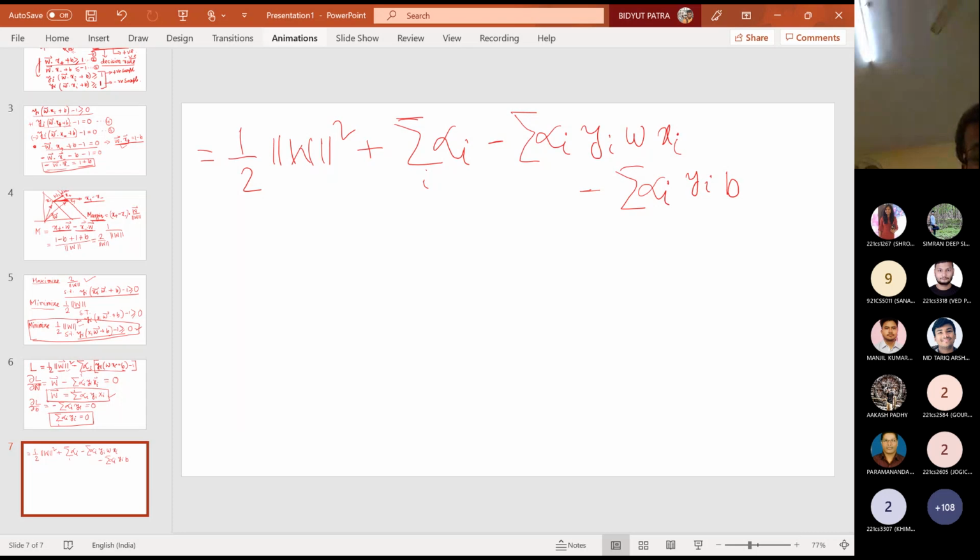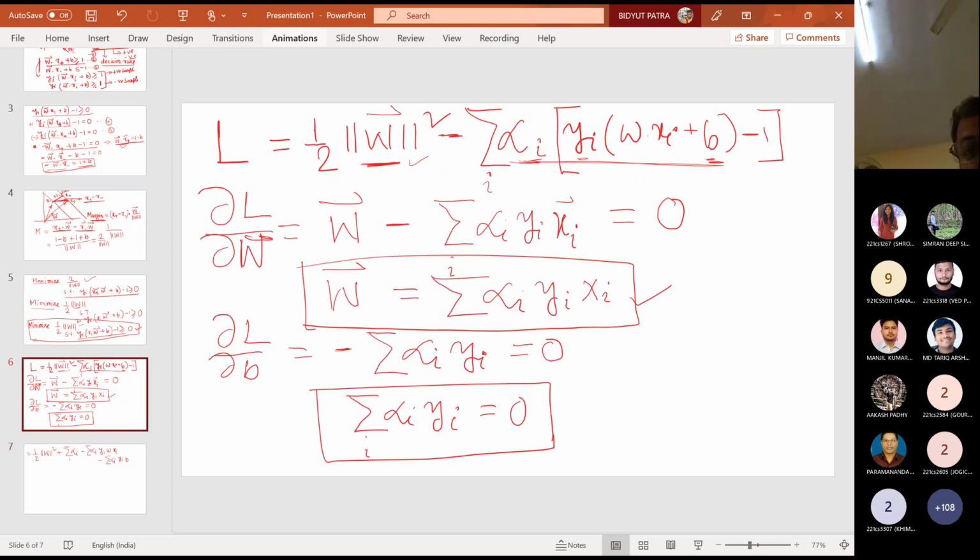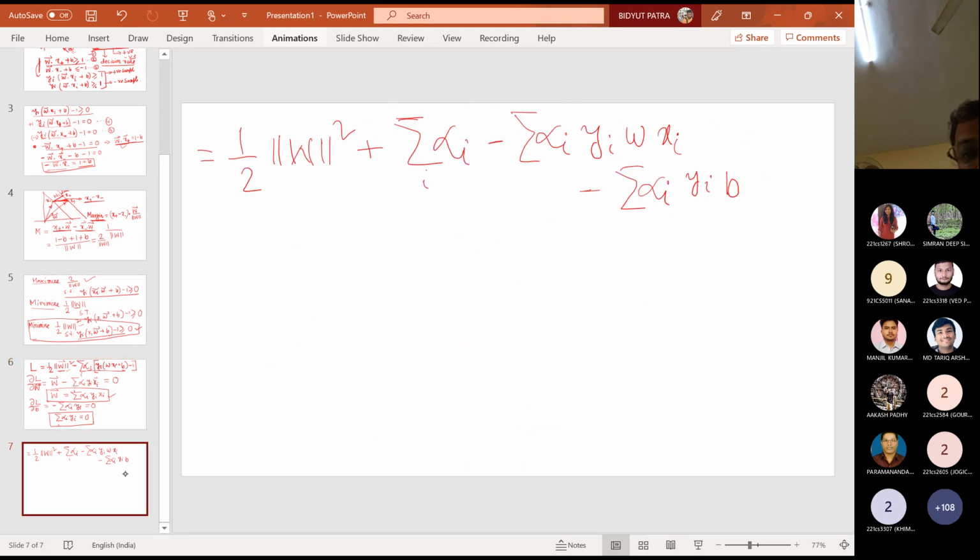So that is the case here: alpha I yi w xi, and another is alpha I yi b.